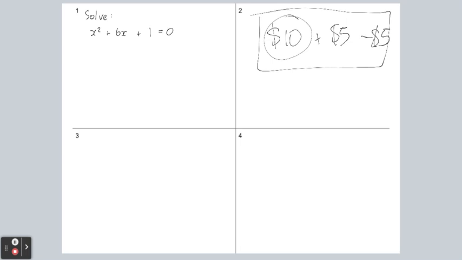If we look at the left-hand side, the first 2 terms, x squared plus 6x, if I wanted to, I could add 5 and then subtract 5 and then put my plus 1, and I haven't changed the value of that left-hand side, agreed? I could also go, this is x squared plus 6x plus 5 minus 4.